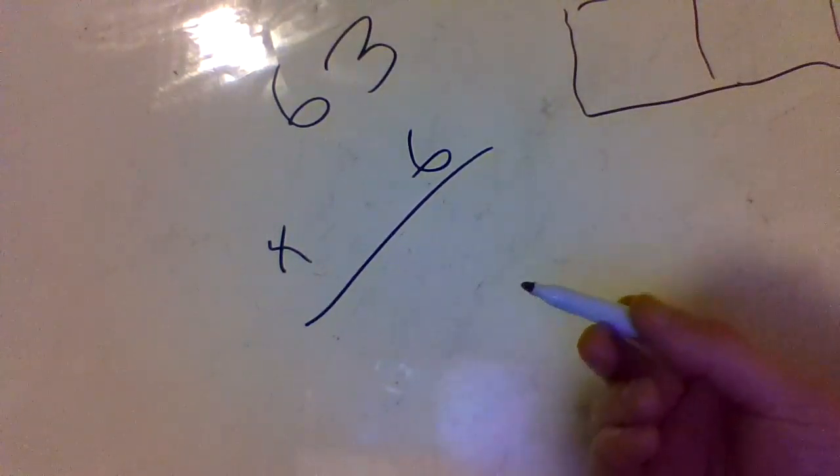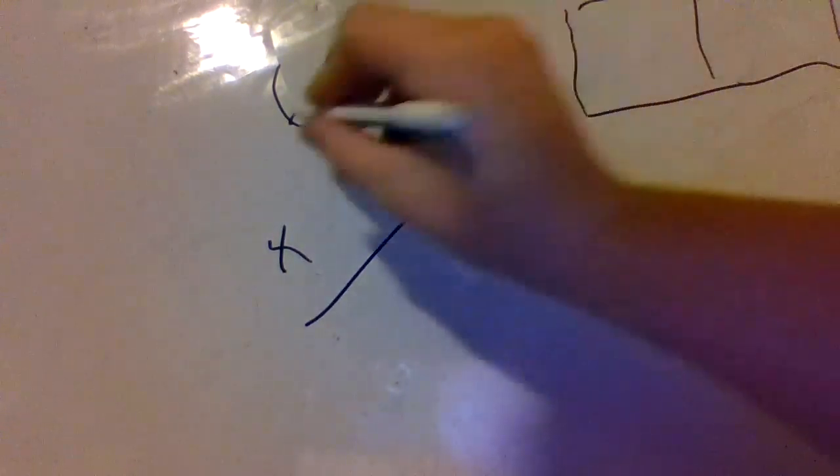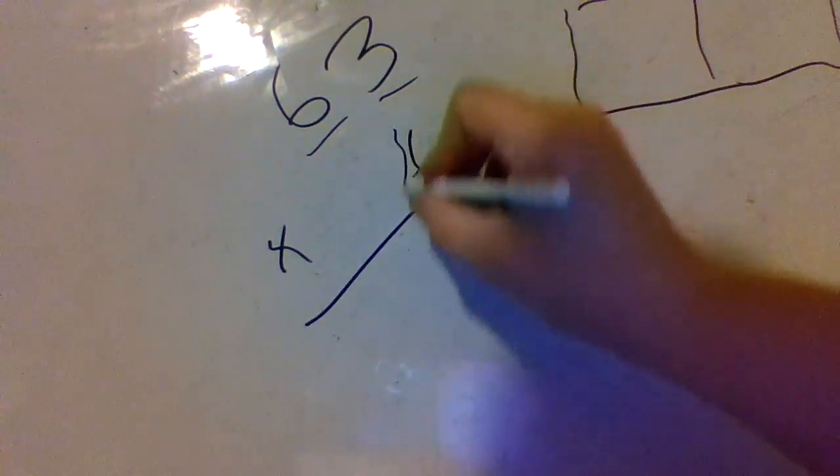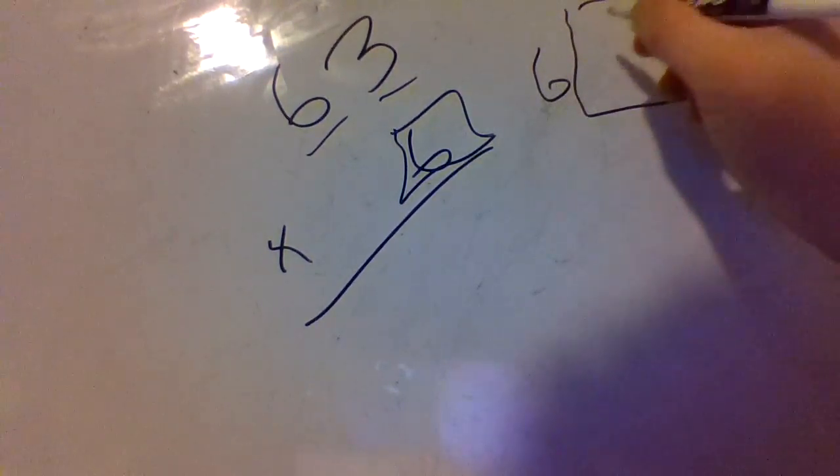So if we know our place value, 63 is made up of 60 in the tens place and 3 in the ones place. And then what we're multiplying by is 6. So we put 6 over here. Now we multiply each thing by 6. 6 times 60 is 360.